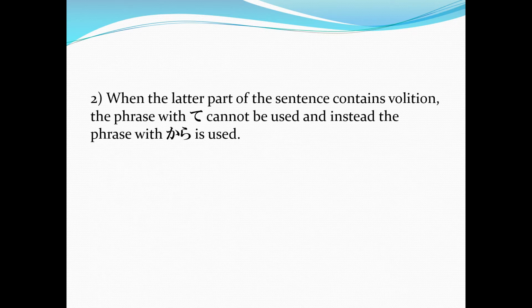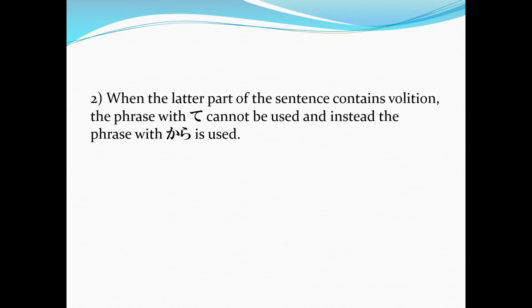Now, when the latter part of the sentence contains volition, such as when you're trying to tell someone not to do something, the phrase with de cannot be used, and instead, kara is used. Of course, when you're telling someone not to do something, it is a volition, and you cannot use de.